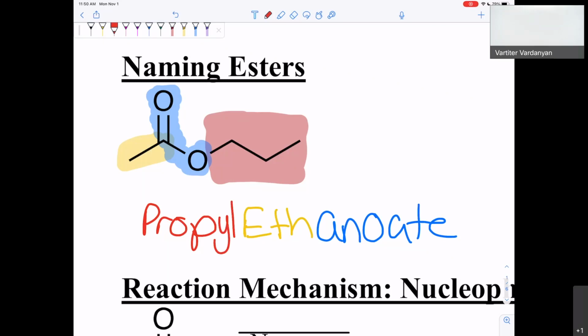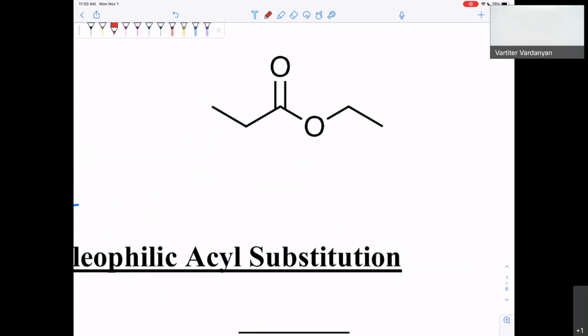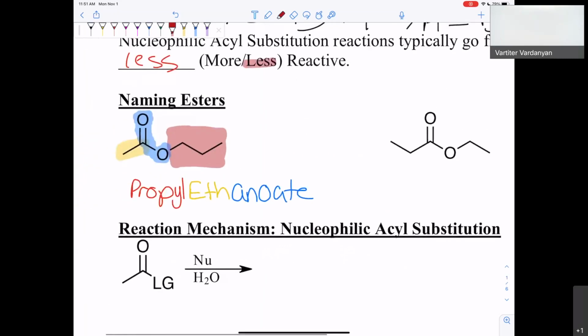Questions, comments? Are we kind of okay with that? Okay. So then to finish the session, let's do this one. So what is the first thing we're going to name? Which side, the oxygen or the carbon side? Hint. The side attached to the oxygen or the side attached to the carbonyl? The oxygen.